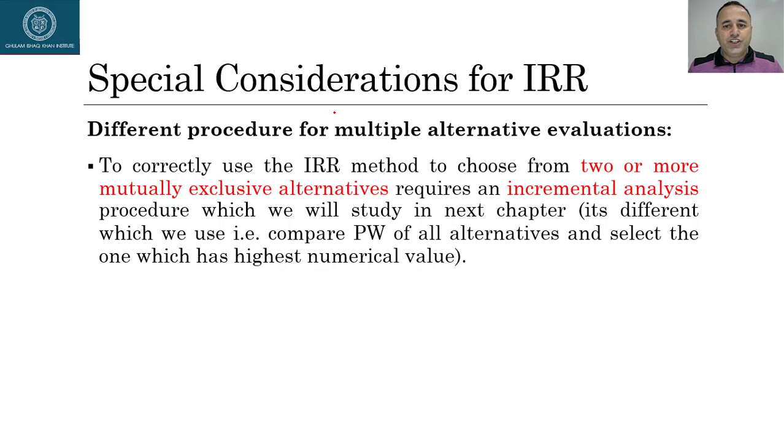Different procedure for multiple alternative evaluations: to correctly use the IRR method to choose from 2 or more mutually exclusive alternatives requires an incremental analysis. Do not worry about this type of analysis because we will cover it in the next chapter. So let's move forward.